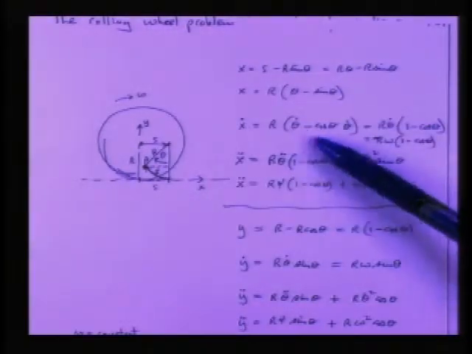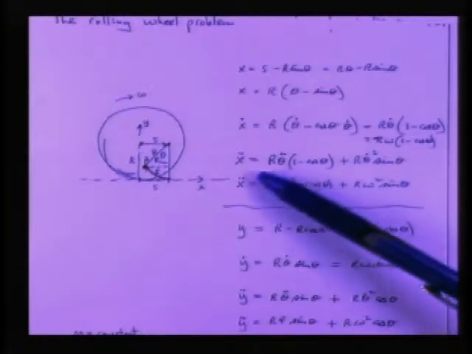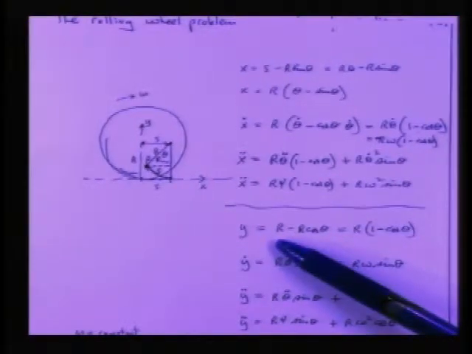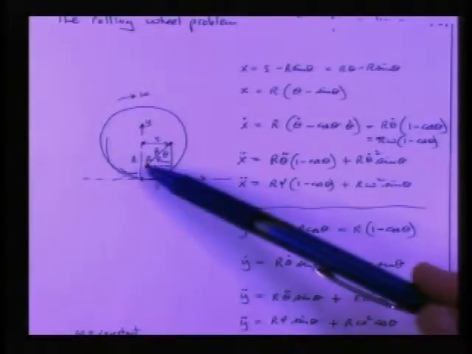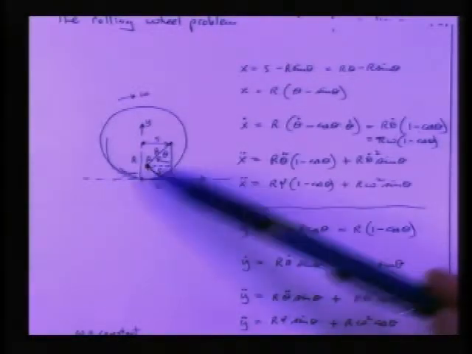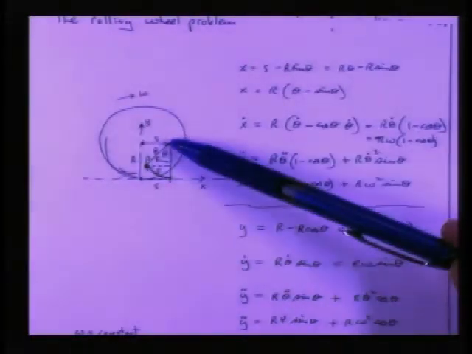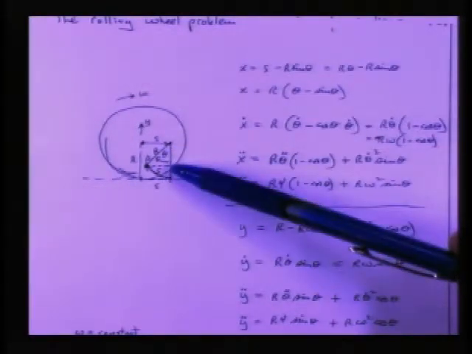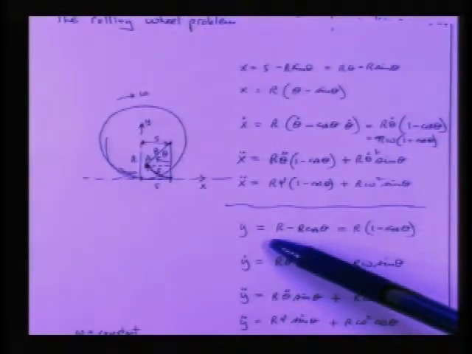We then crank the derivatives on it, and we get the velocities and accelerations. Similarly on y, the height y is you go up to r, and then you back down r cosine theta to get to the y reading, and differentiate.